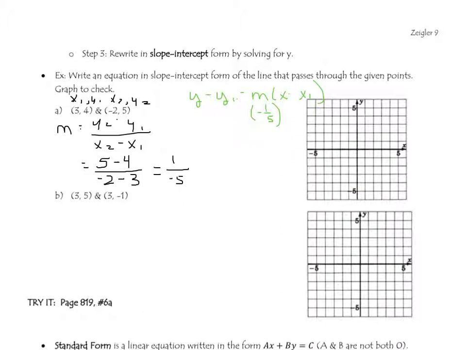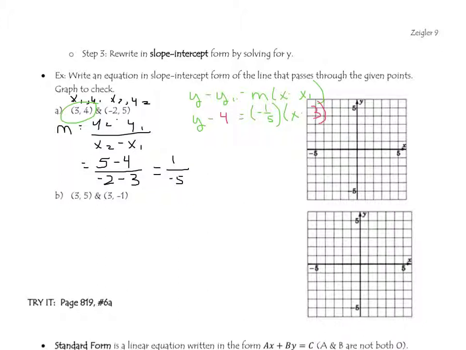Since I've called this point x1, y1, I'll use that. So we have y minus, and then y1 is 4, equals m, which we already wrote, times x minus, and then x1 is 3.